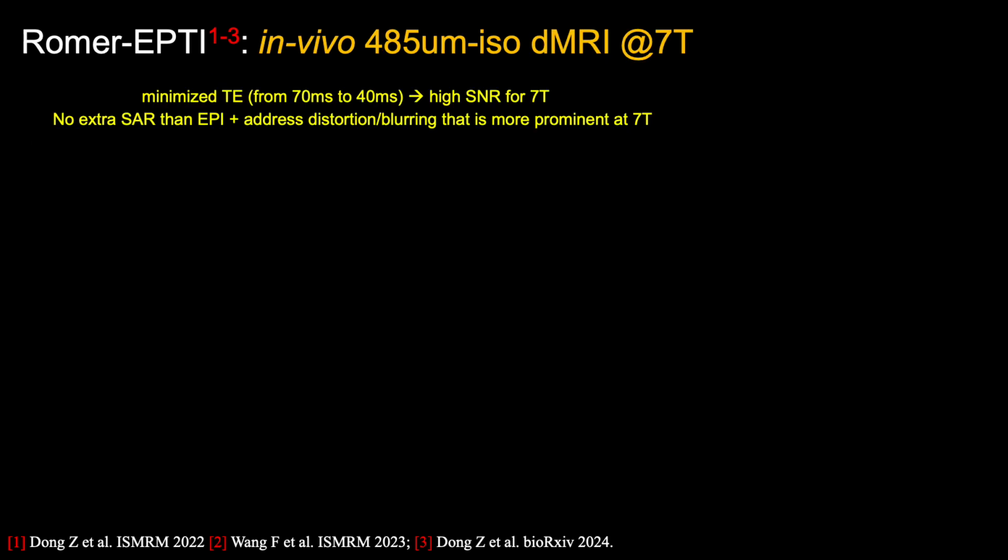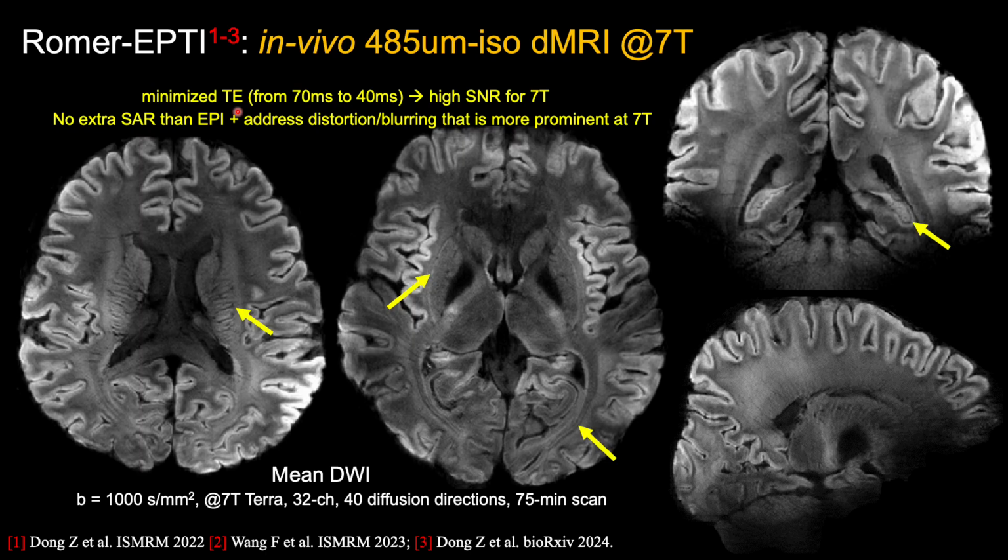And moving to higher field strength, 7T diffusion MRI is much more challenging than 3T because the T2 is inherently shorter and there's a SAR constraint at 7T. With the minimized TE achieved by Romer EPTI, it can achieve high SNR for 7T and begins to take advantage of the SNR gain provided by higher field strength.